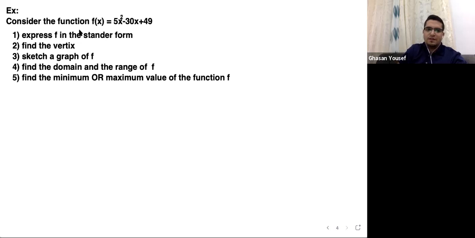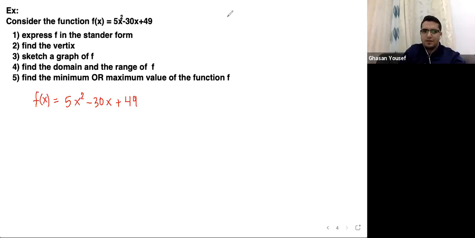Now, express f in the standard form. Okay, so I have my function f of x. I'm going to do this by myself, and I will explain step by step how we can change this to the standard form. This is my quadratic function. I need to change it to the standard form.